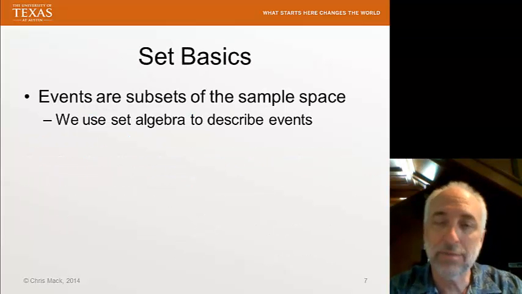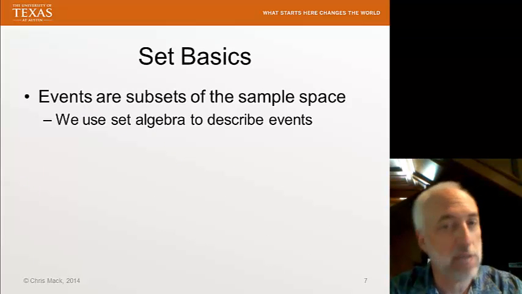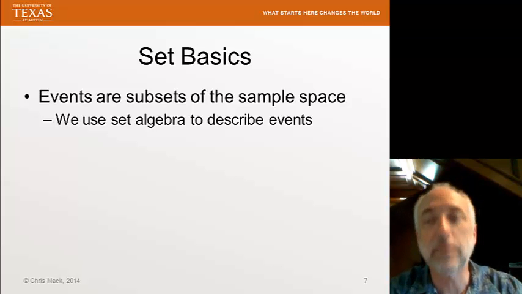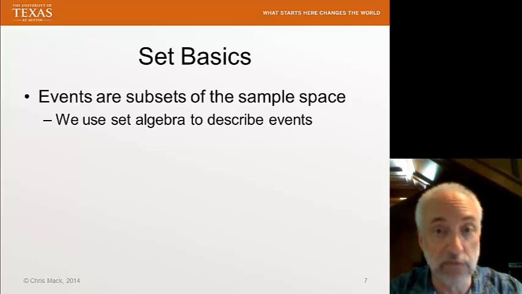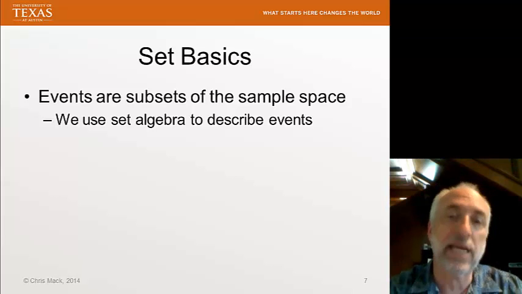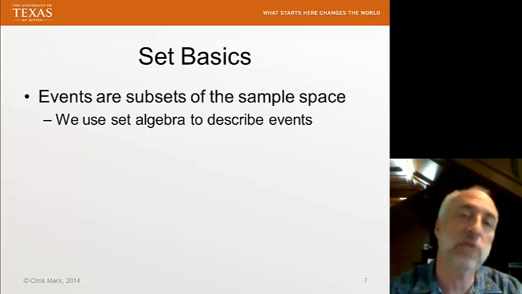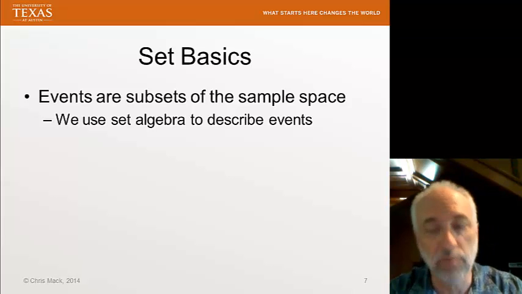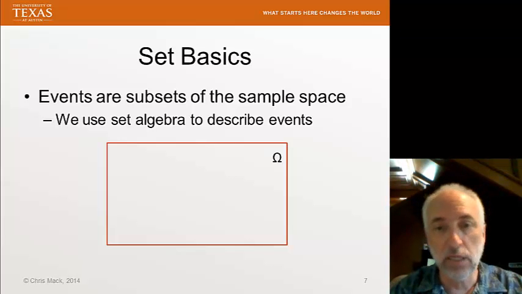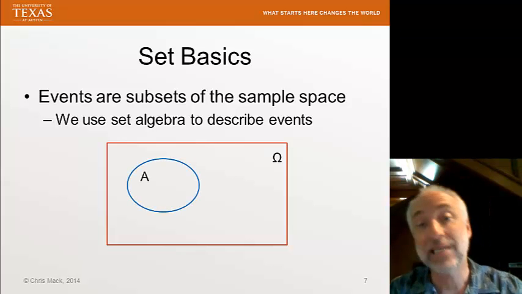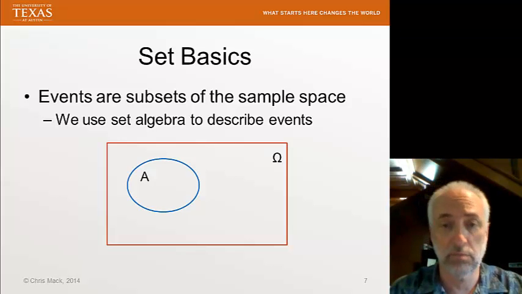Now, it might occur to you that we're talking about sets a lot here, and this becomes the mathematical algebra that we use to describe sample spaces and events. We borrow set algebra and use it in our probability theory. So our sample space, omega, will be the set of all possible outcomes. Then we can define an event, say A, as a subset of the sample space.